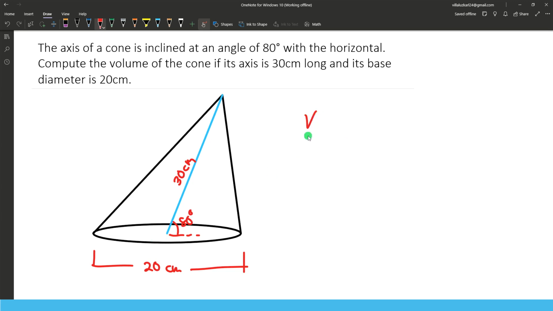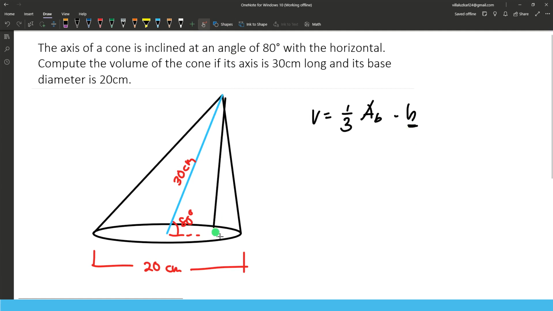So in solving the volume of a cone, we have one third area of the base times height. So we must compute the height, or the altitude, of this cone.